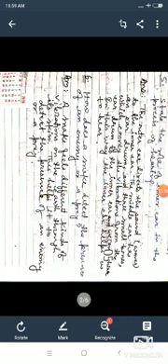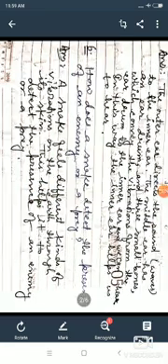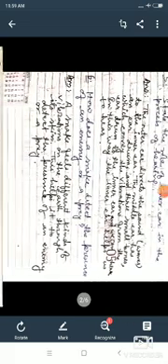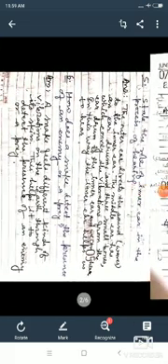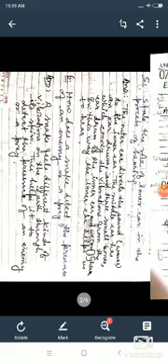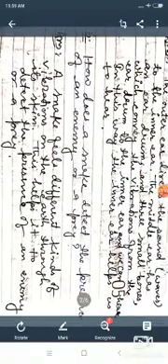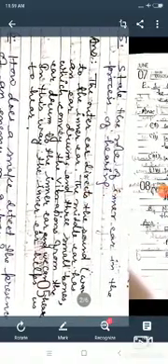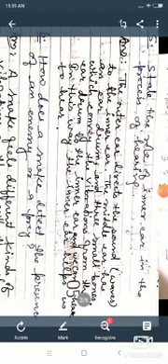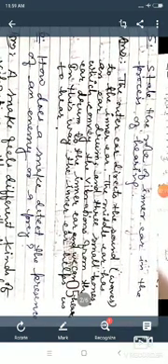Now come to the question 5. State the role of inner ear in the process of hearing. So you will write, the outer ear directs the sound waves to the inner ear.